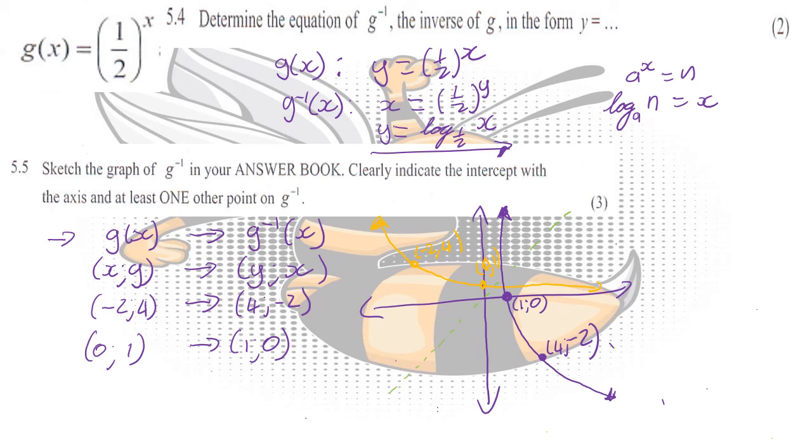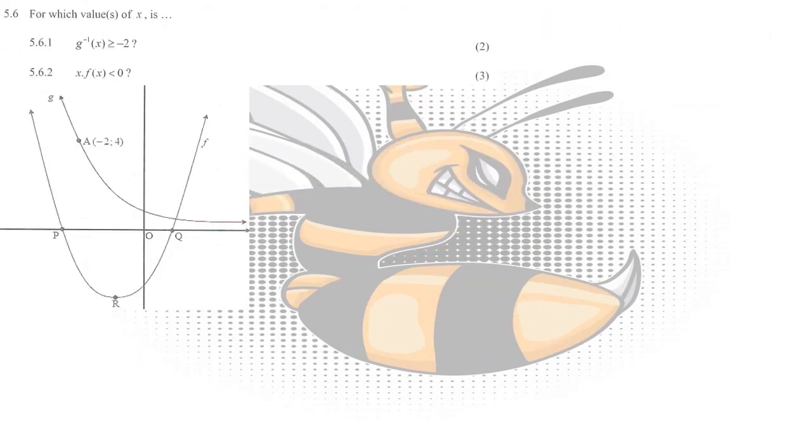Okay, then question number 5.6 asks you, now for 5.6.1, where would g of x, meaning where would the answers that you get for g to the power of minus 1 of x, the inverse of x, be greater or equal to minus 2.